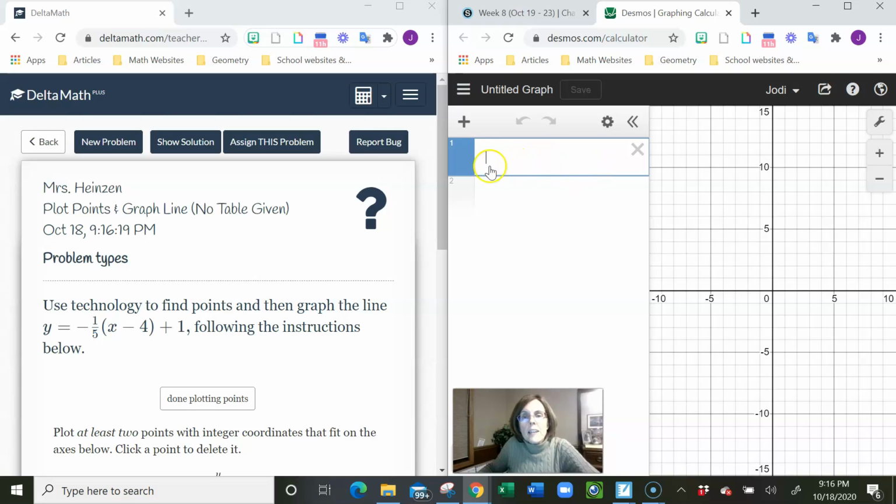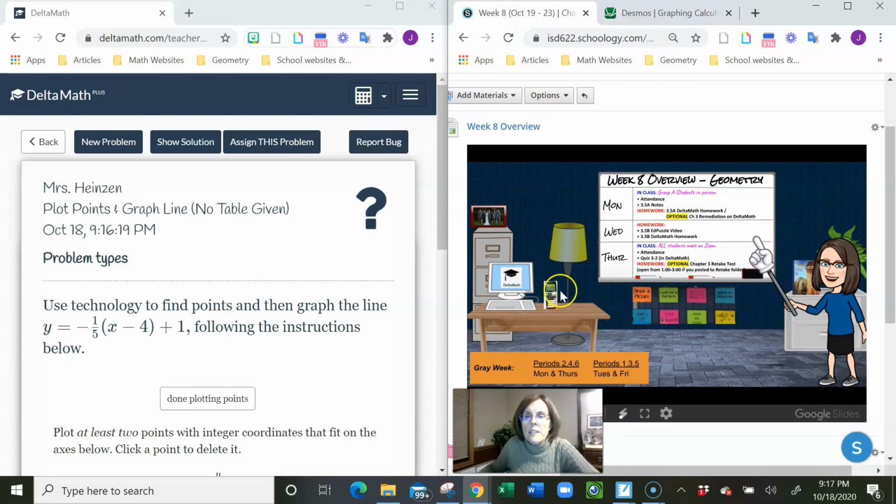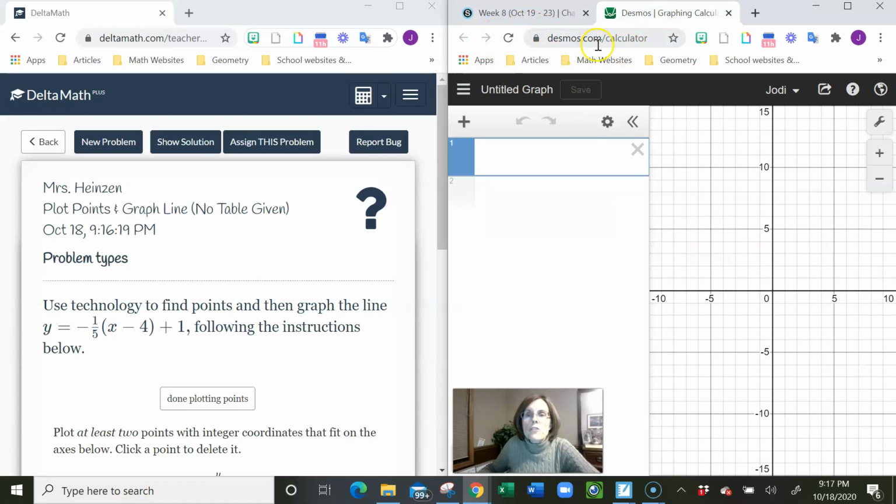And I can, in Desmos, type in this equation. And let me show you how to get the table from there. So again, I just clicked on the calculator that is in here, and that'll take you straight to the graphing calculator. Or you can just type in desmos.com and then click the graphing calculator part.